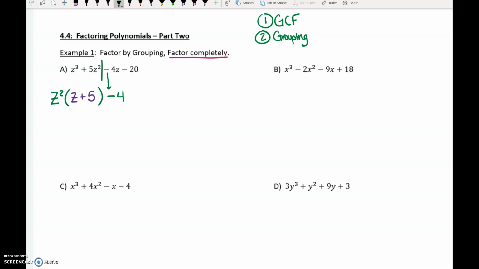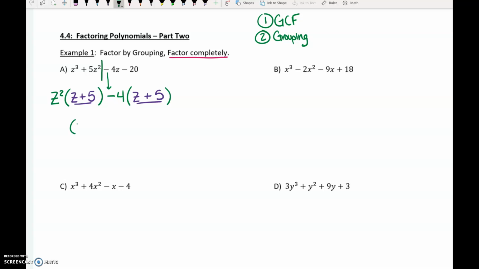And just in case you don't realize that it's negative 4, dropping that symbol down will help you to know that it must be negative 4. All right, negative 4z divided by negative 4 is z. Negative 20 divided by negative 4 is positive 5. Do you see how the z plus 5 is the same on both of those? It must be the same in order for this factor by grouping to work.